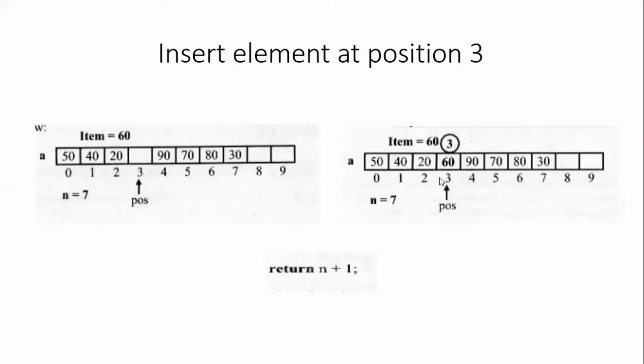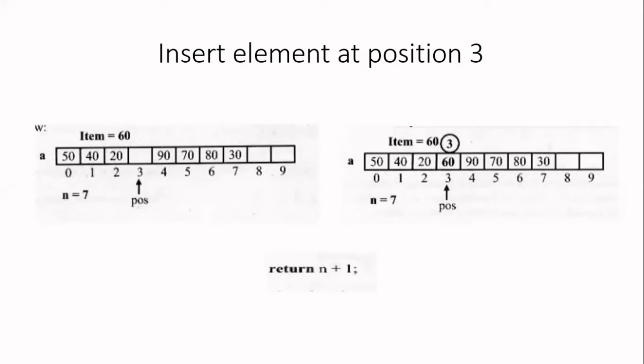Okay. Now, can you tell me what is the size of the array now after the insert is over? 8. n is equal to 8. Now, inside the function, we are changing the value of n, and currently it is 8.